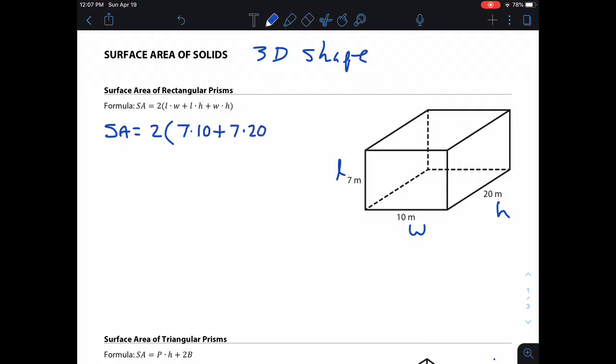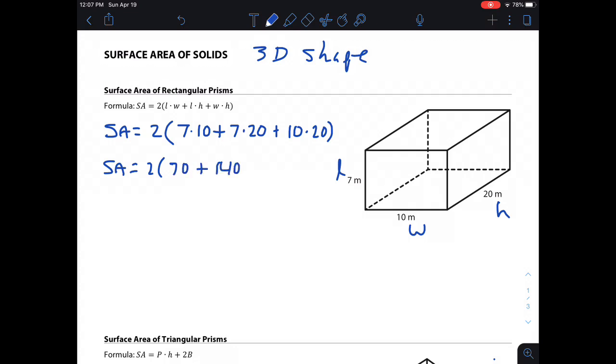And then width times height, that's 10 times 20. So I've got all my numbers in there, and now all I have to do is simplify it. Surface area is equal to 2 times, well, 7 times 10 is 70.